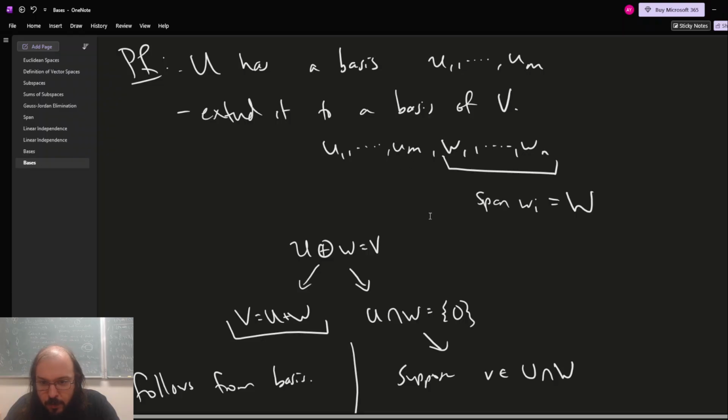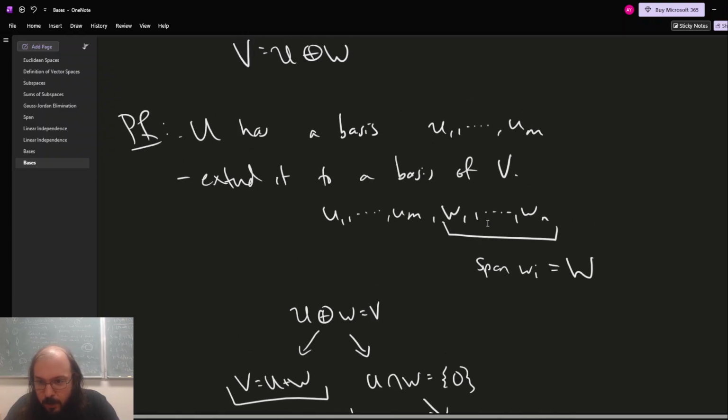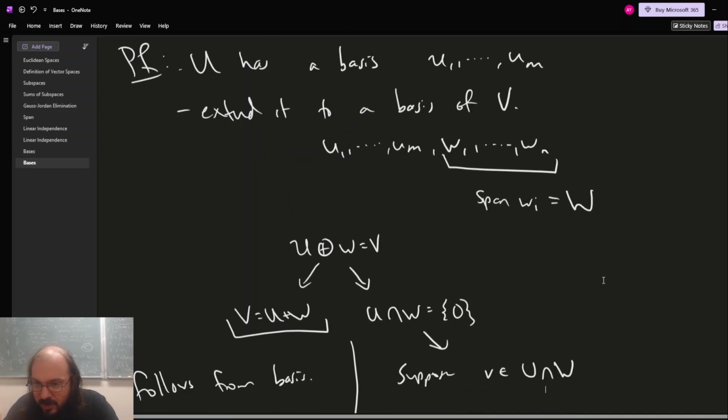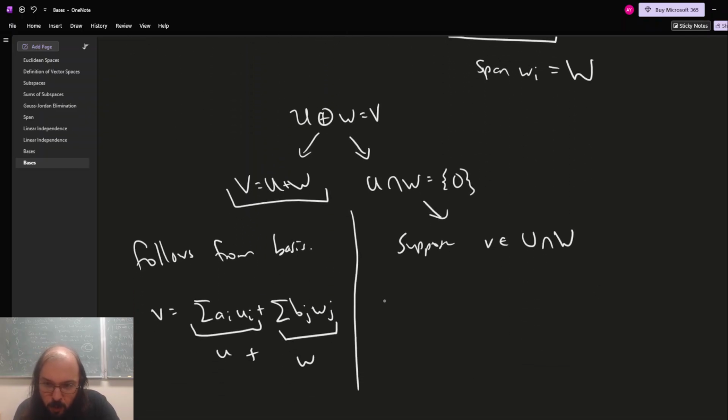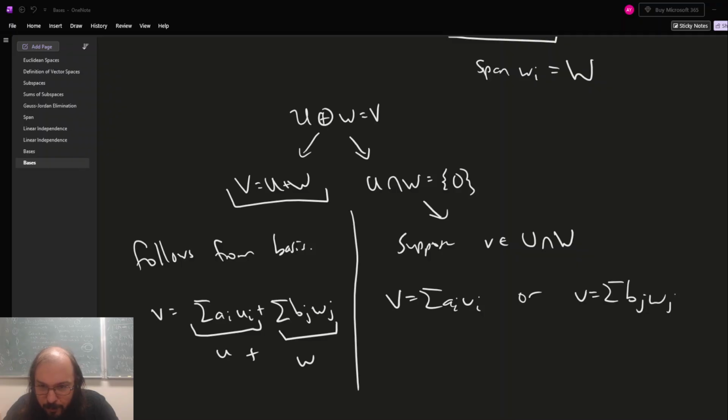Because, well, the U's are a basis for U, and the W's are a basis for W by definition, right? I extended it to a basis for all of V. These things span W. So therefore, I write V equals sum of the VI's in some way. Or you could also write V as a sum of the W's, possibly in some different way.